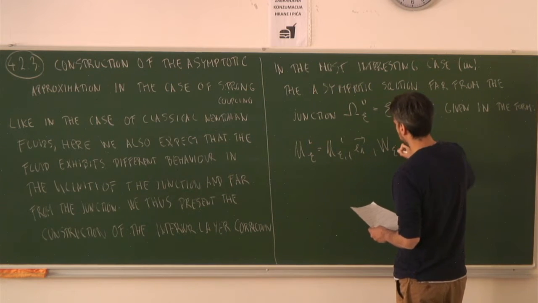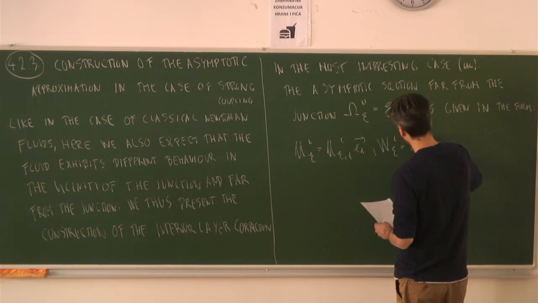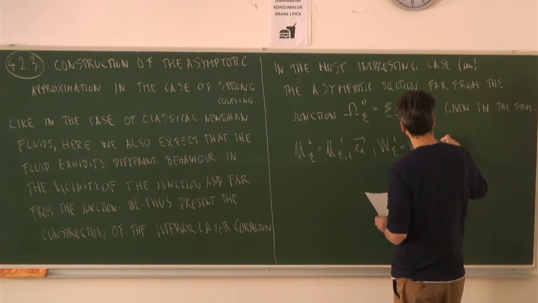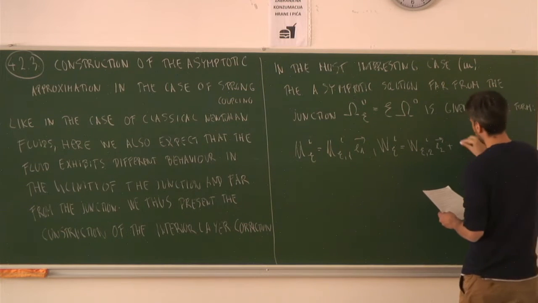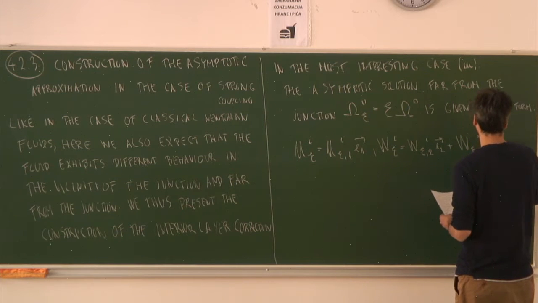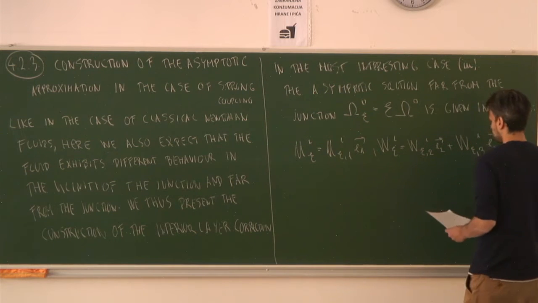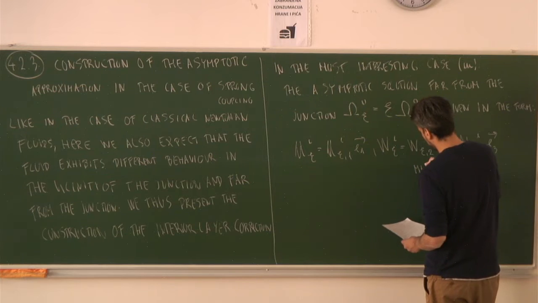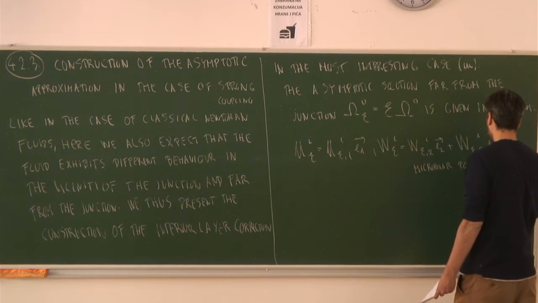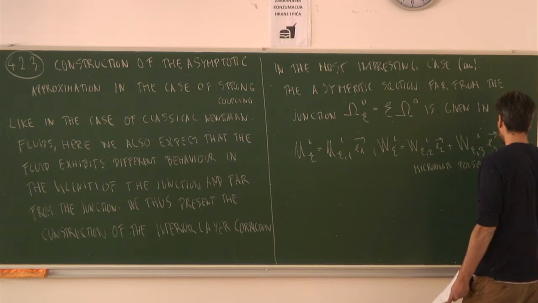So v epsilon i is v epsilon 2i E2 plus v epsilon 3i E3. This is, as I mentioned, the micropolar Poiseuille solution.